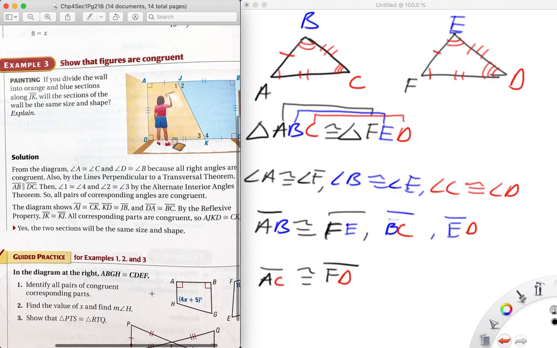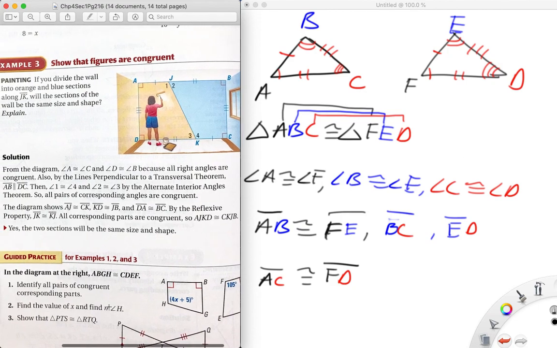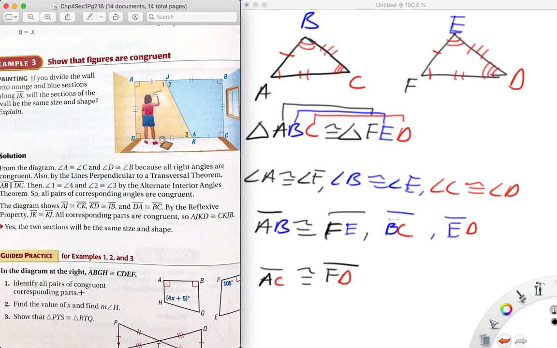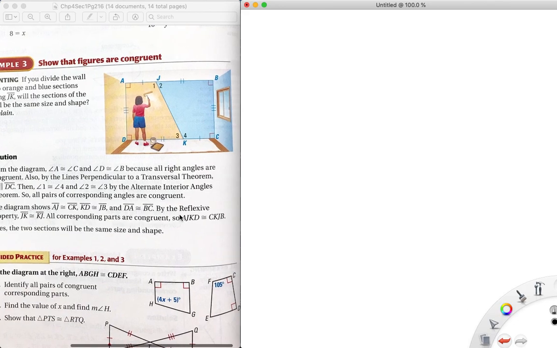So knowing that, you have enough information to find all the corresponding sides. It says, identify all pairs of congruent parts. As long as you have ABGH is congruent to CDEF.